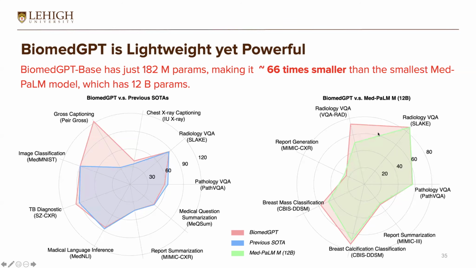However, you may not realize our model is only 182 million parameters compared to their 12 billion. We are 66 times smaller than this model, but achieve similar or even better performance. But you will ask, in this case, why didn't you choose to pre-train or do something on the 12 billion model?